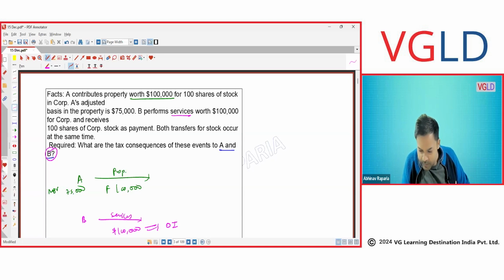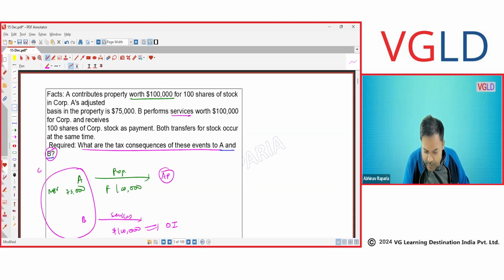Now, what are the tax consequences for A? A is providing the appreciated property. But both of them are the part of control group, guys. So is A going to recognize any gain? Sorry, my bad. They are not the control group. 100 A is getting, and how much B is getting?